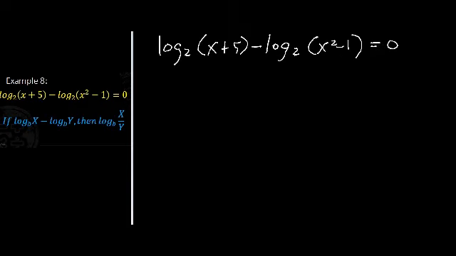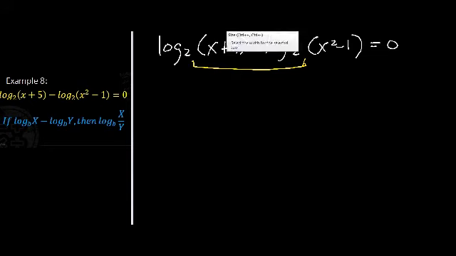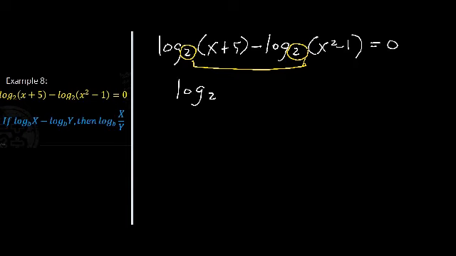So again, we have here our subtraction of logarithm. So if two logarithms are being subtracted, having the same base, kailangan magkamukha yung base nila. Okay, so we will apply the division of the equivalent. So this will become log base 2 of x plus 5 over x squared minus 1 is equal to 0.